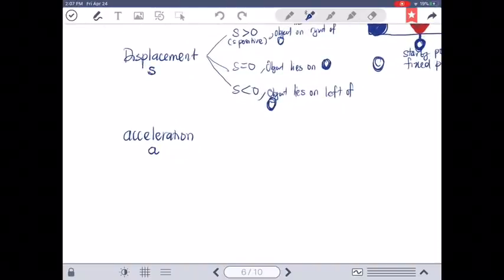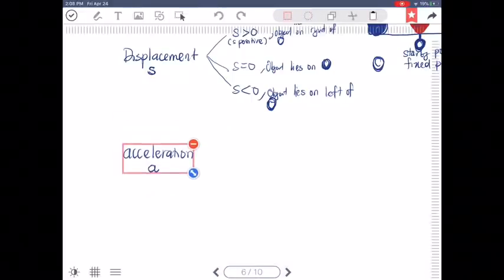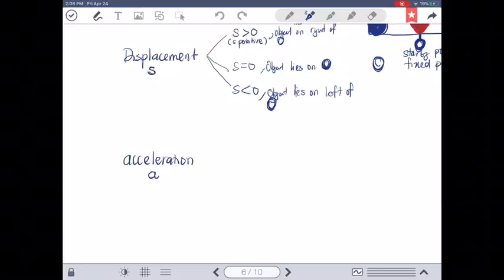That is displacement. How about acceleration? Acceleration a. If a is greater than 0, it means that the object is accelerating.